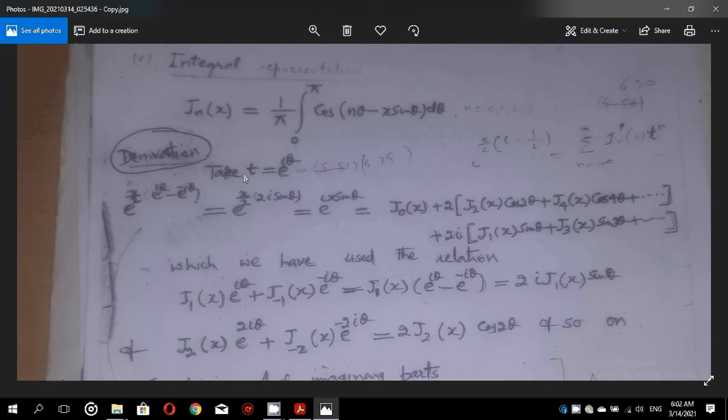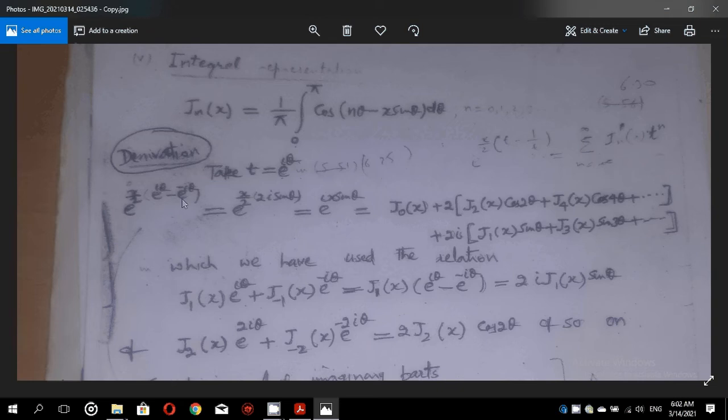We will take t is equal to e to the power i theta in our generating function of the Bessel's function. So when we substitute t is equal to e to the power i theta in the generating function, we get this equation: e to the power x over 2 times (e to the power i theta minus e to the power minus i theta).